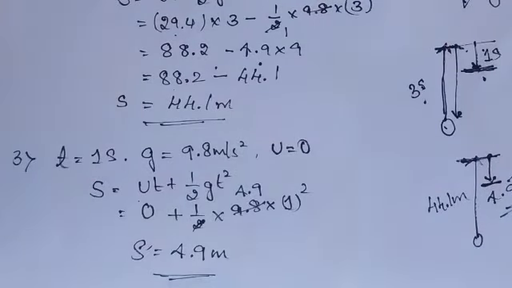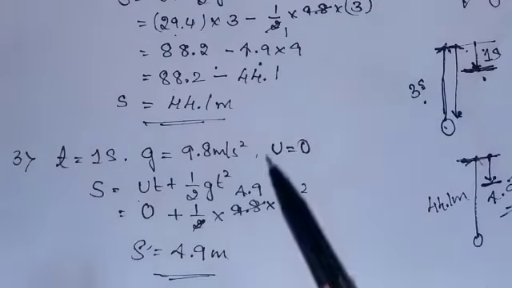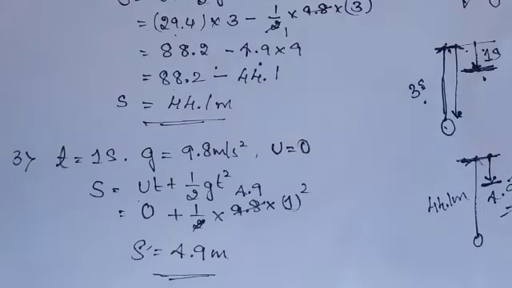Okay, so this is about the first problem where we have found out the velocity with which it is thrown, and also we have found out the maximum height and also its height or its position after the 4th second. Okay, so let us go with the second one.